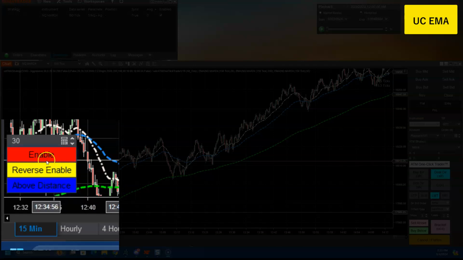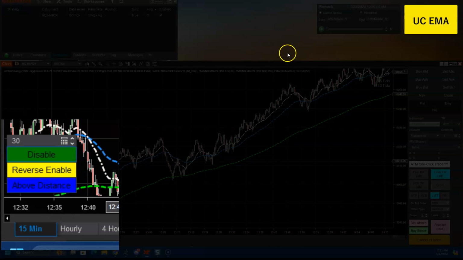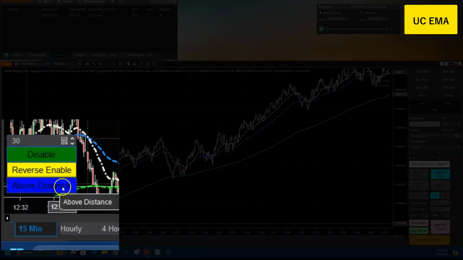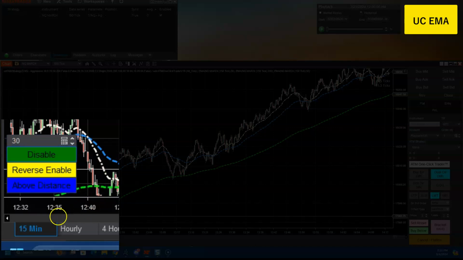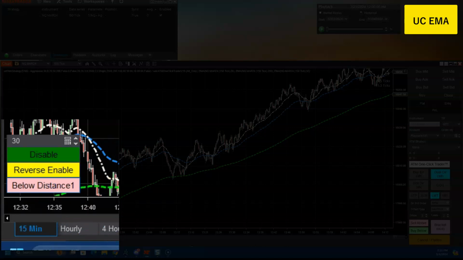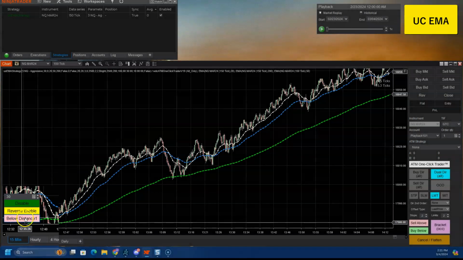So what this means right now is, enable my strategy, only take the trade when the distance between the two EMAs goes above 30 ticks. And then you have the flexibility to tell the bot to only trade below this distance as well, not when it goes above that distance.